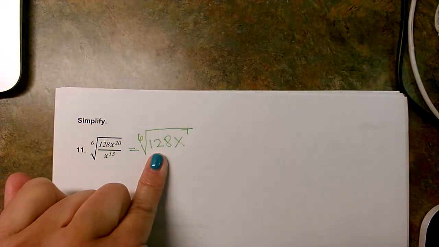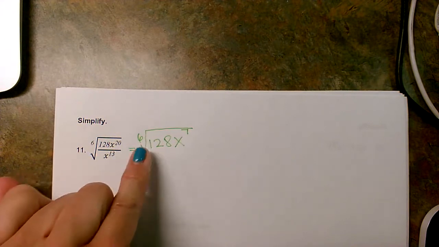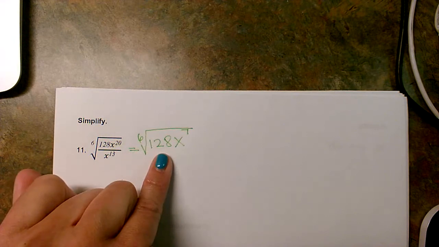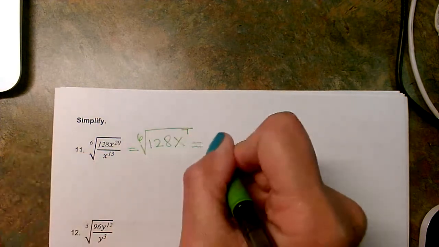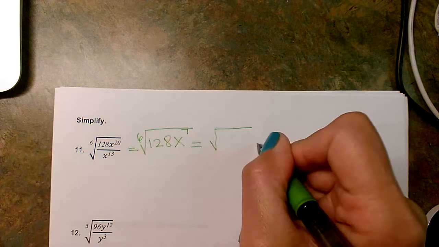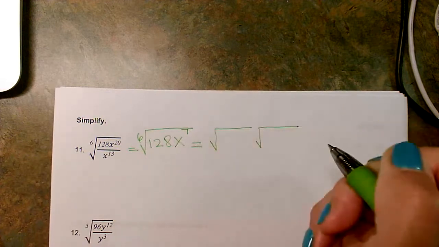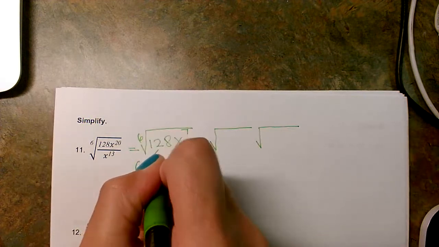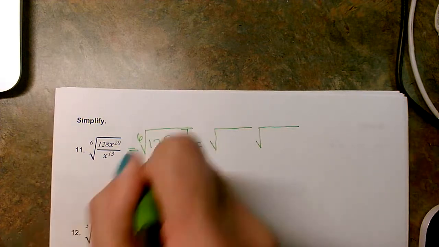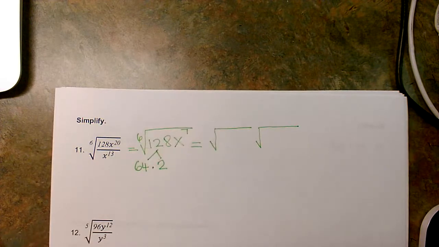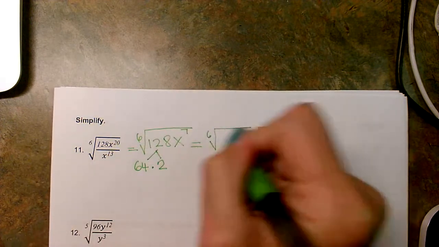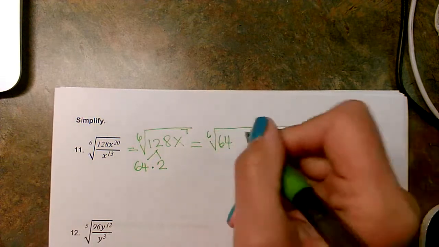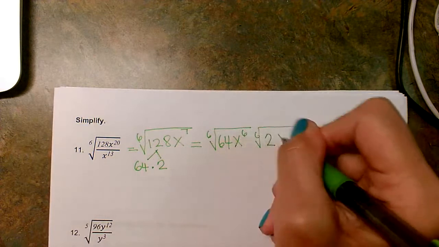We need to find two numbers, right? One is going to be the 6th root, and the other one is going to be the leftover. It's going to be 64 times 2. So 64 is going to go here, and 2 will be here, the leftover. X to the 6th power and x.